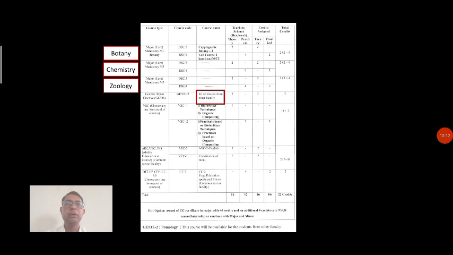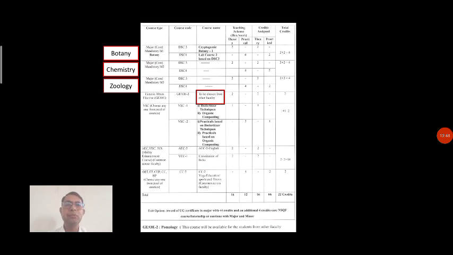After the GE or OE, one VSC subject is to be given to that particular student from the pool of available courses. So in botany we are going to talk about organic composting, and to this organic composting there will be one practical. After this, there is the AEC, a compulsory common subject, which is the English subject.